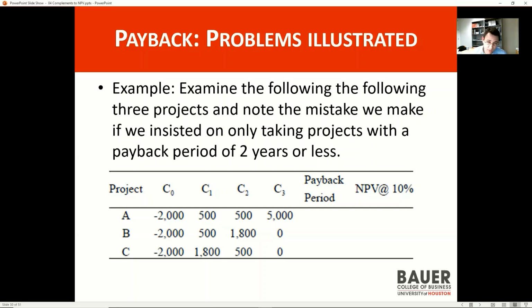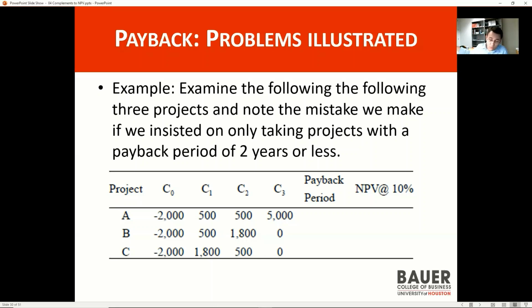If there's conflicts of interest or information problems or bankruptcy problems, it may be hard to raise money for new projects. Well, what could you do then if you can't raise new money? Well, you just have to finance things using the cash that you have. That's your only option, then the payback period may be very helpful, may be beneficial, because the faster you get the money back, the faster you can put it into new projects.